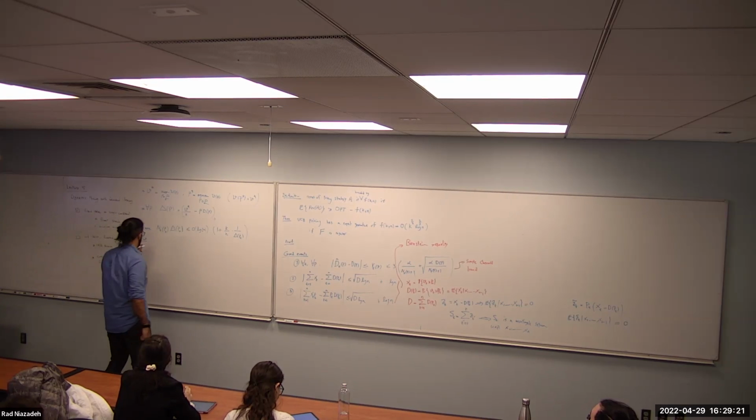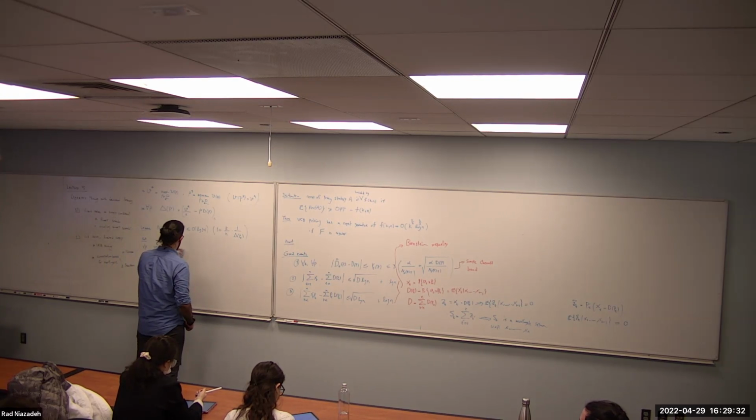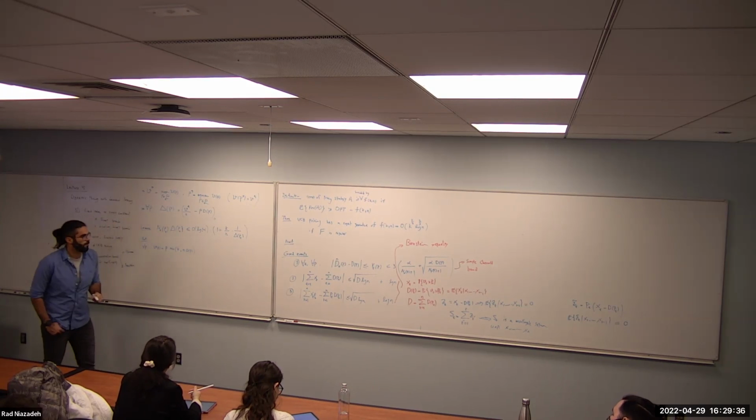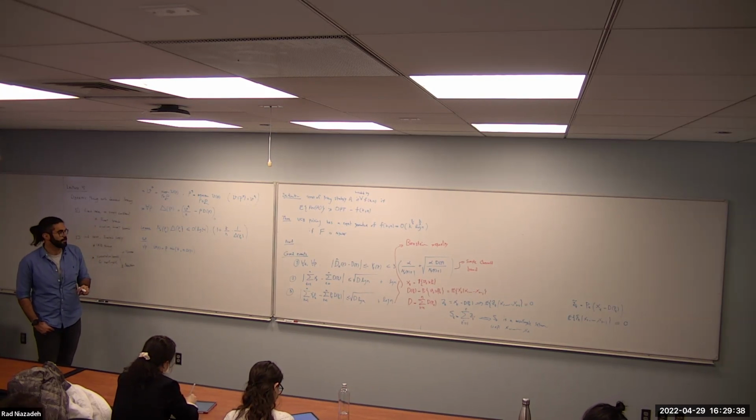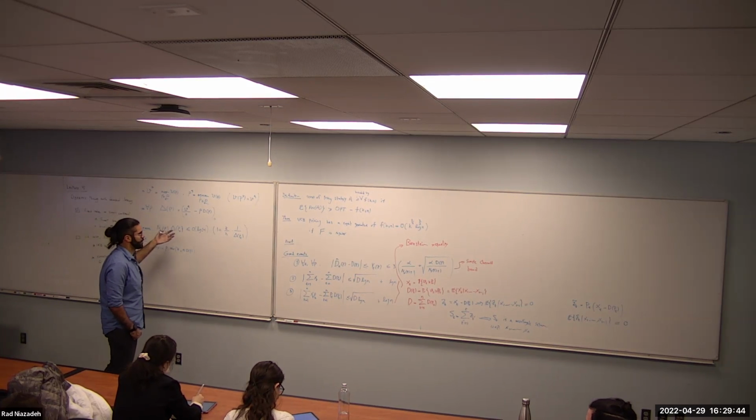For any p, we look at V_p. So V_p is p times the minimum of K and N times D_p. Actually, is that for any t? Basically for any t, for any p_t.